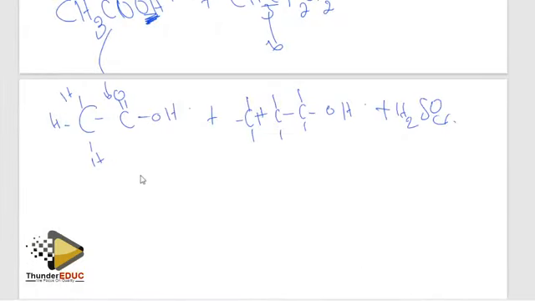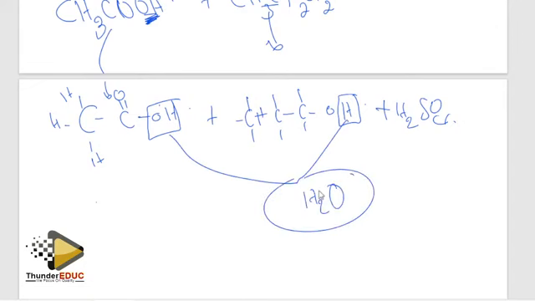So now here, look guys. If you look at it here, you'll find out that this carboxylic acid will lose this, while the alcohol will lose that. Then it forms water. By losing water, we call it condensation. So now I combine this with this.